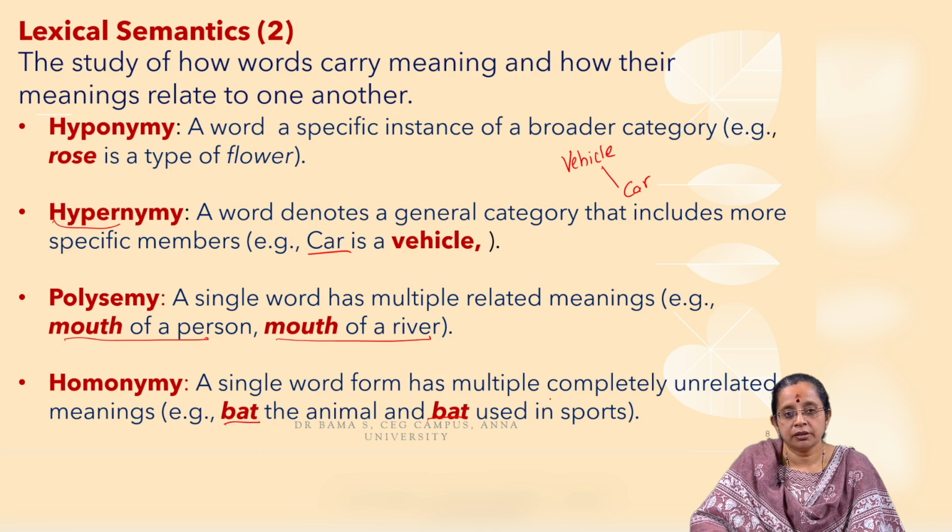So for the words that appear in sentences, how can we identify the meaning semantically? Suppose we say the mouth of a river or mouth of Narmada. Narmada can be a river, or it can also be a female. So how do we identify that? That is addressed by the semantic side.